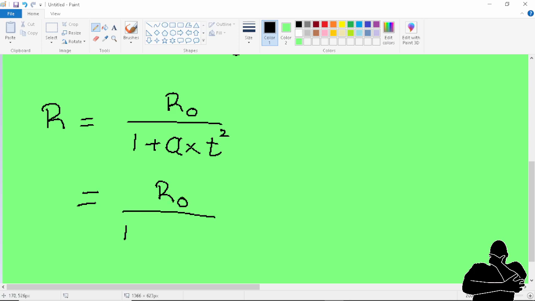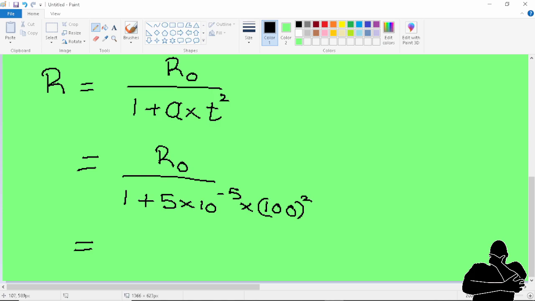So it's going to be 1 plus alpha. Alpha was stated to be 5 times 10 to the minus 5, and that's going to be multiplied by 100 squared. When we do that, we'll get R0 divided by 1 plus 5 times 10 to the minus 5 multiplied by 100 squared. That gives us 0.5.